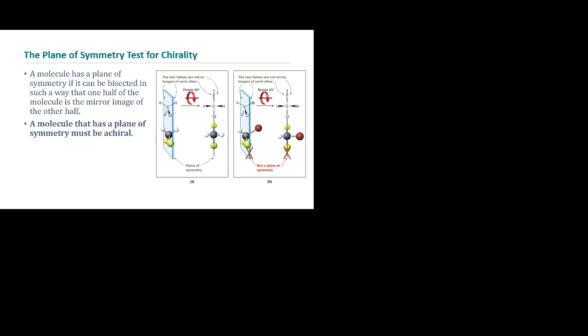Okay. So this is actually what we're seeing here. Can you guys see that this has a plane of symmetry right there with those hydrogens? And then the sulfurs on both sides? Or the fluorine and... Yep. So these hydrogens create a plane of symmetry right here.